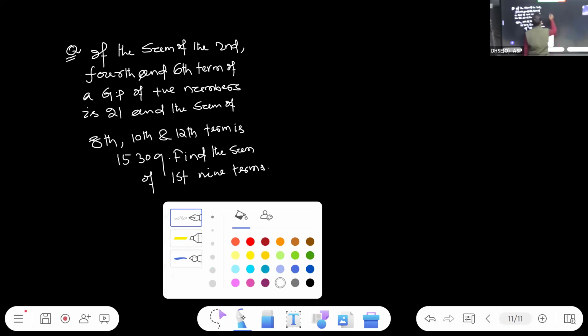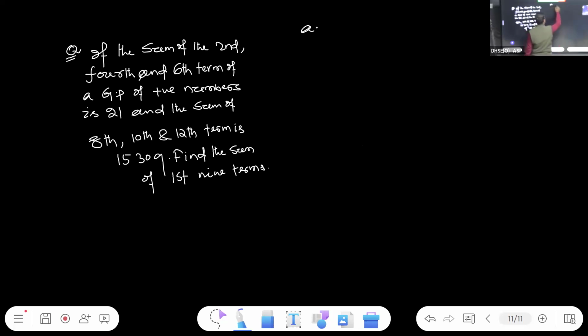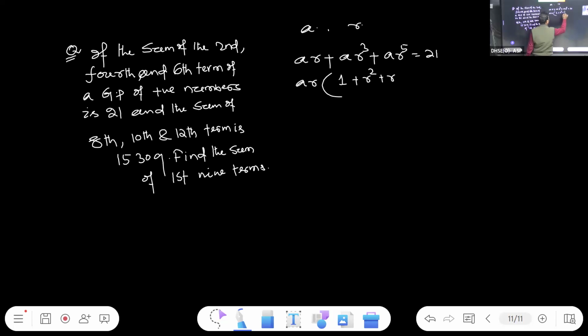Let a be the first term and r be the common ratio. So, sum of the second term will be ar plus fourth term ar cube and sixth term ar to the 5 is equal to 21. If you take ar common, ar times 1 plus r square plus r to the power 4 is equal to 21.